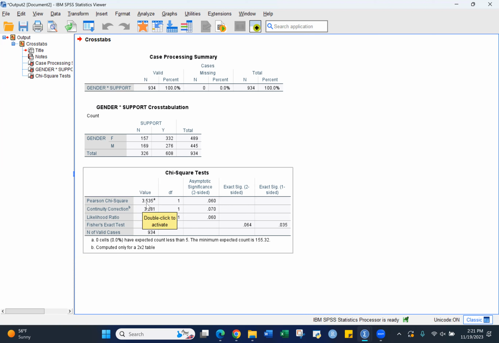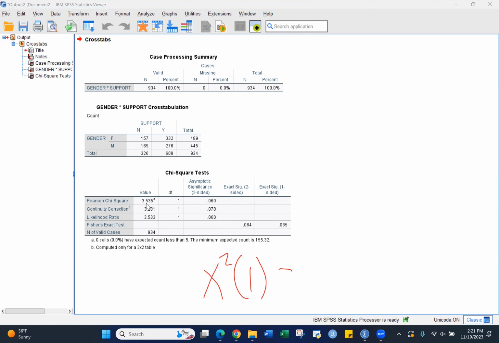We have here a chi-square test, and how we would report this is: chi-square, I put degrees of freedom in the parentheses, equals 3.535, comma, p-value equals 0.060. And that p-value is above 0.05. So ultimately, it's not statistically significant.